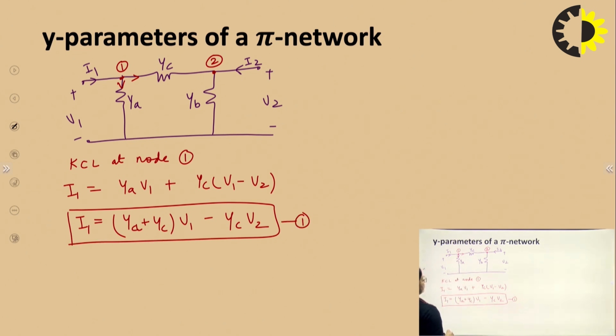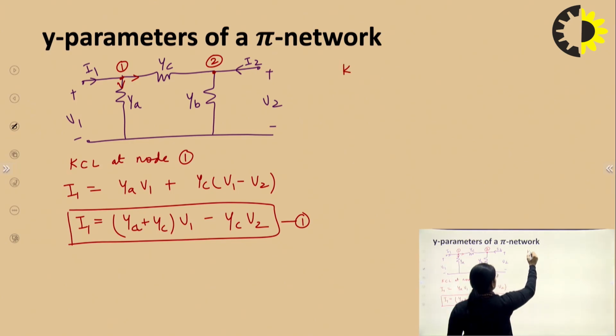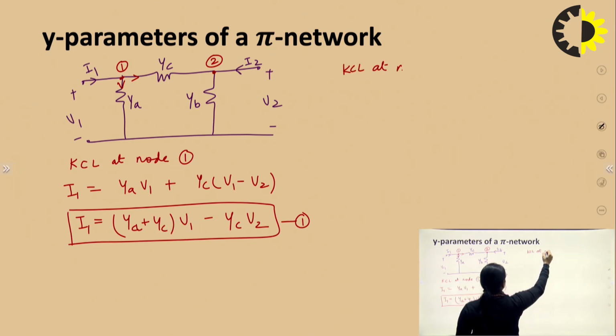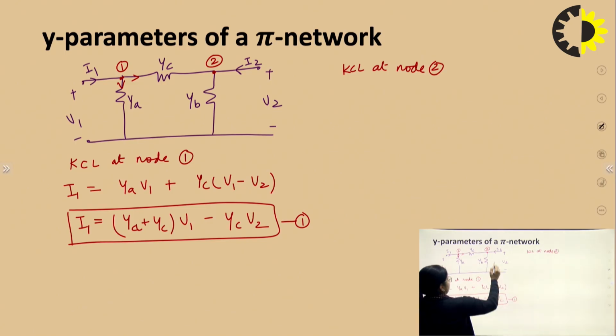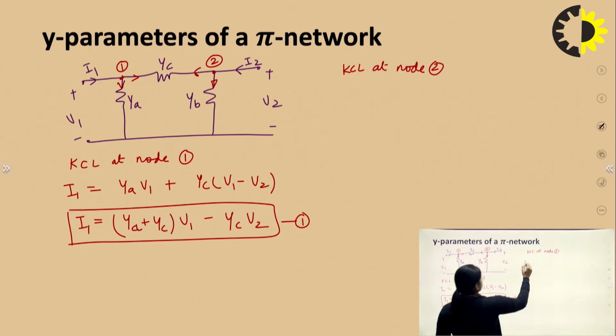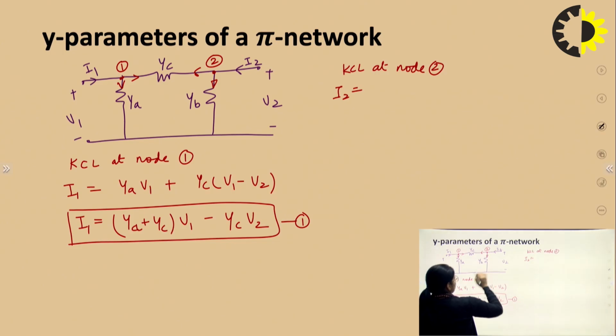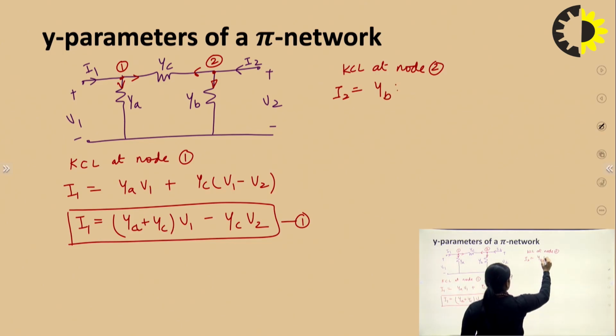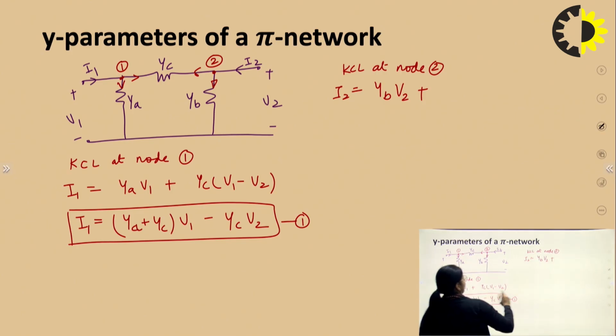Now, apply KCL at node 2. So, incoming current is I2. Let's say these two are outgoing currents. So, I2 is equal to V2 YB plus (V2 minus V1) YC.